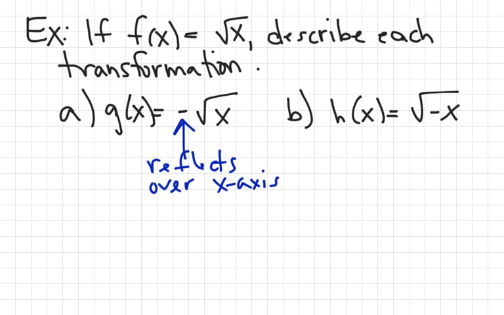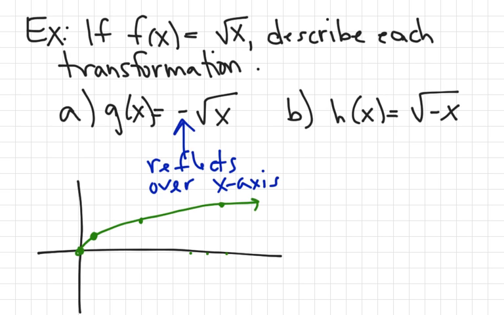So what happens is if you start with this graph that goes through, I'll use green, (0, 0), (1, 1), (4, 2), (9, 3). When it reflects over the x-axis, instead it's going to go down here. So there's the graph of negative square root of x.